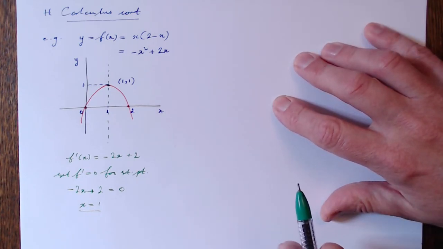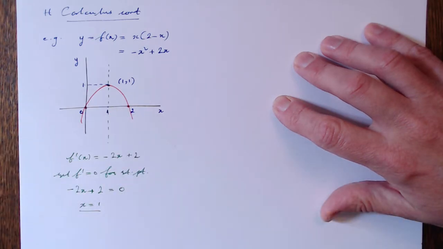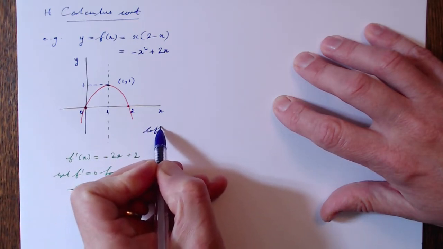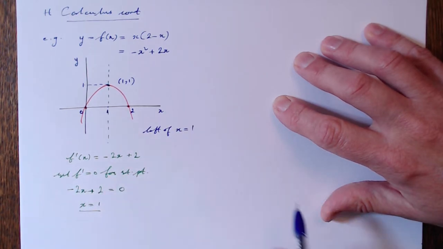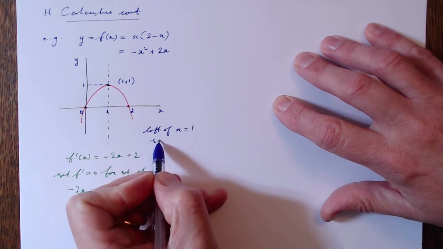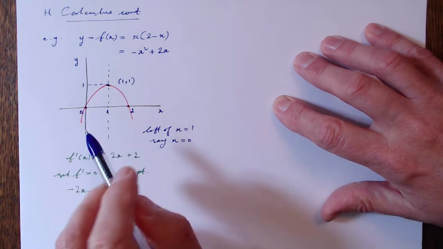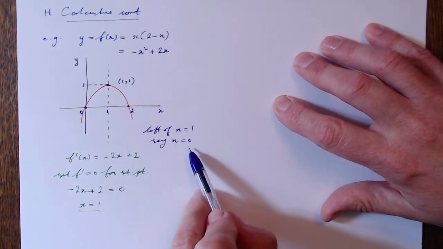We can also determine the nature of the stationary point by looking to the left and to the right of this value of x. Let me show you how that would work for this simple example. If we look to the left of the stationary point x equals 1, let's say x equals 0, it's very important not to put this value into the function but into the derivative.